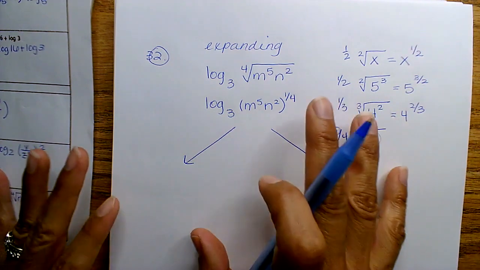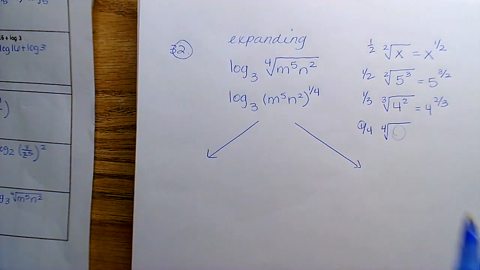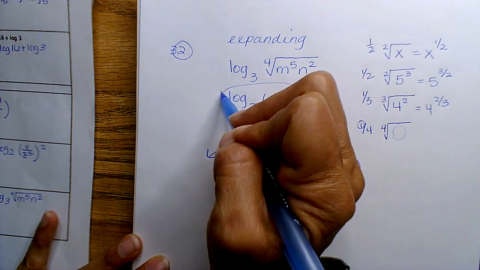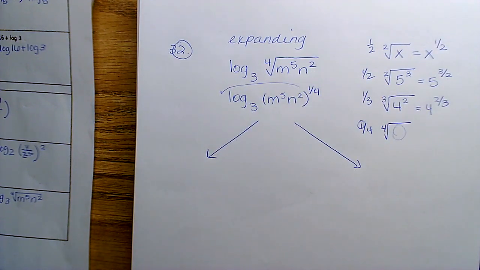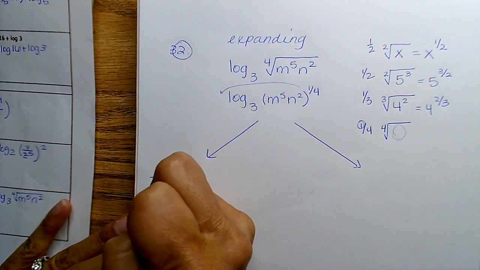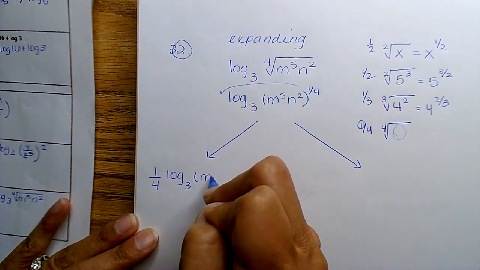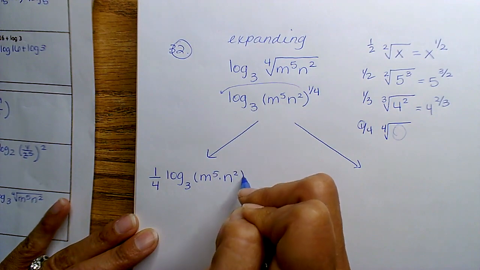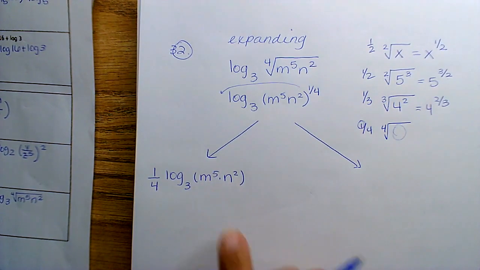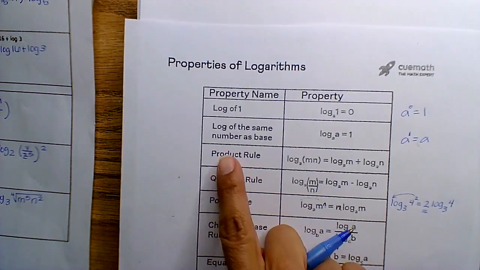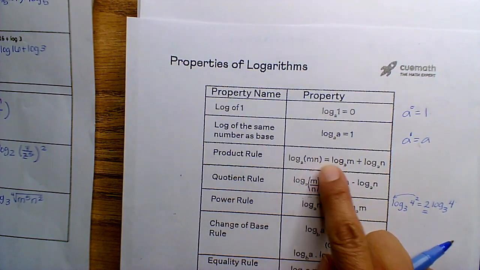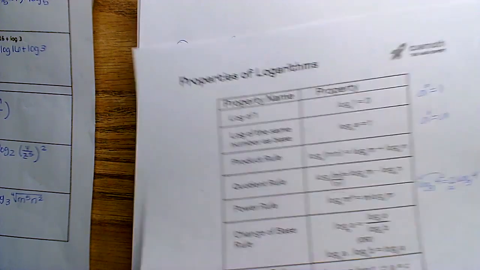Okay, if I first decide to do the power rule, this brings the 1/4 to a coefficient. So 1/4 log base 3 of m to the 5th n squared, but because you have multiplication, we're now going to use the product rule, right? When it's multiplying, we're adding.